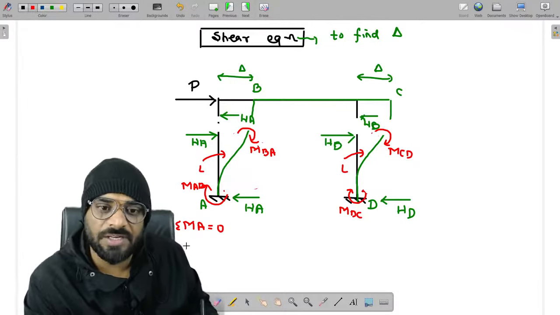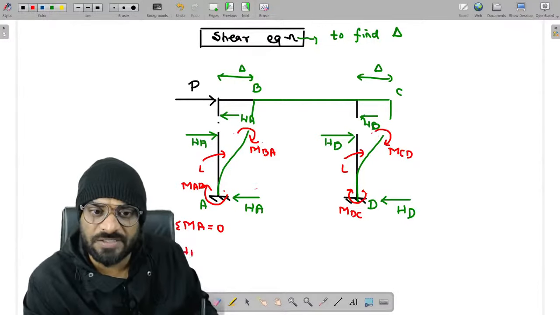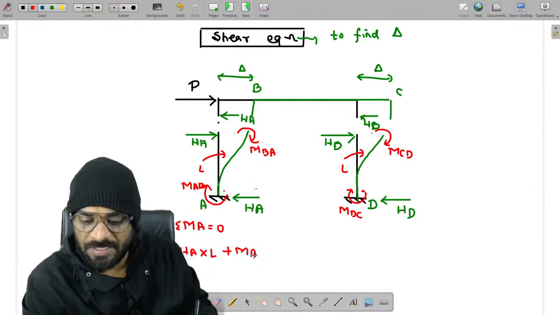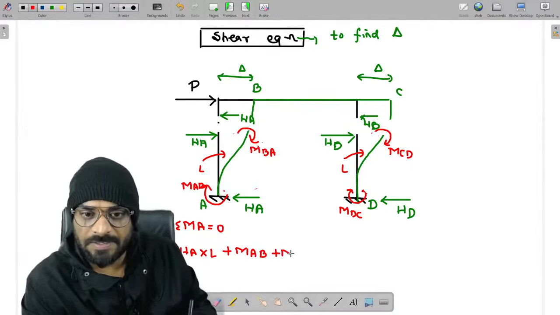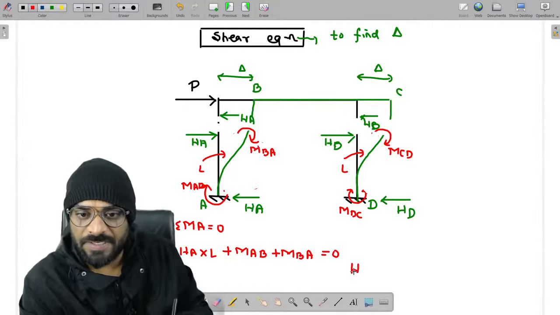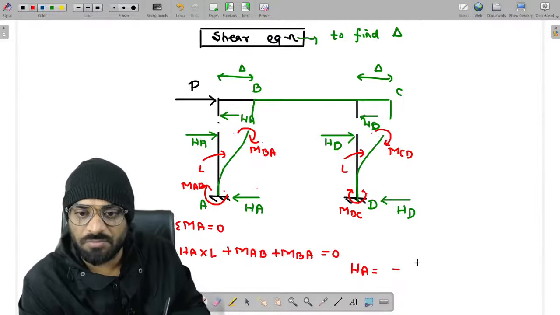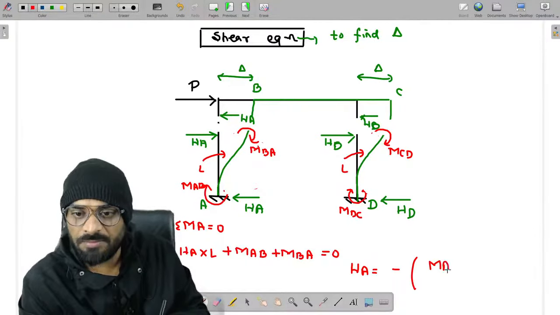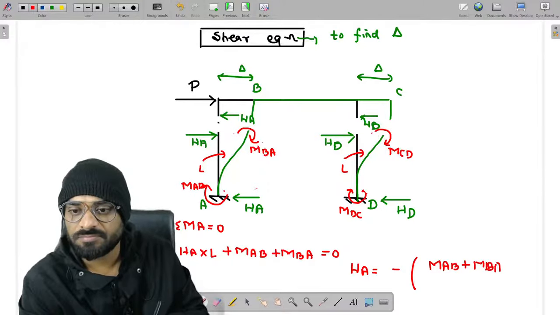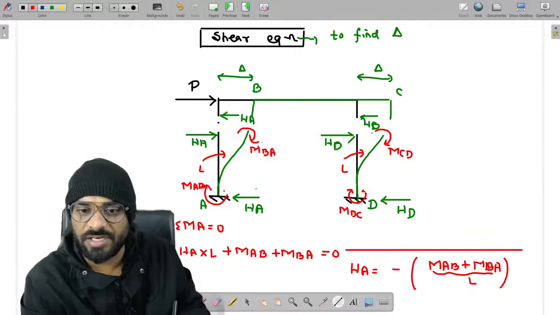So summation of moments at A is equal to 0. We'll write here HA into L plus MAB plus MBA is equal to 0. So our HA value should be equal to minus of MAB plus MBA, divided by L. This is one of the values which we are getting.